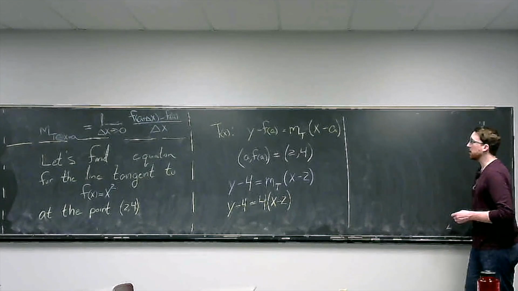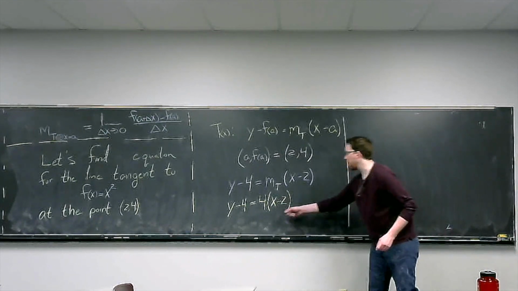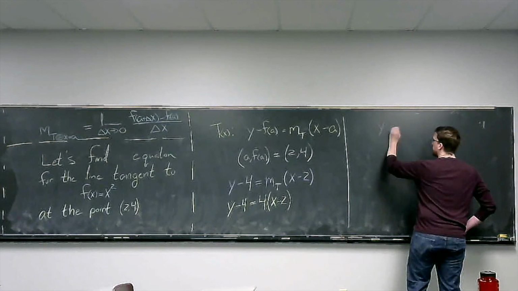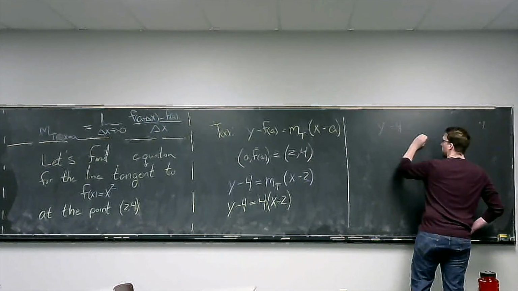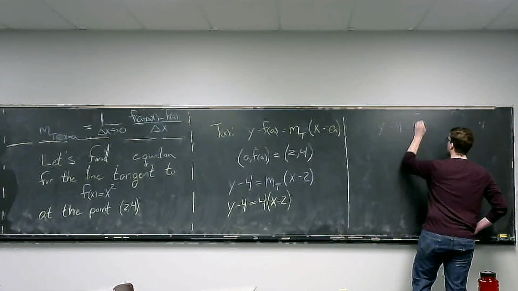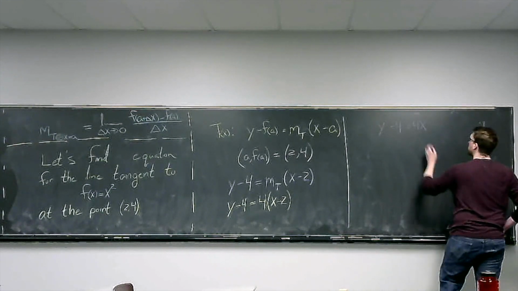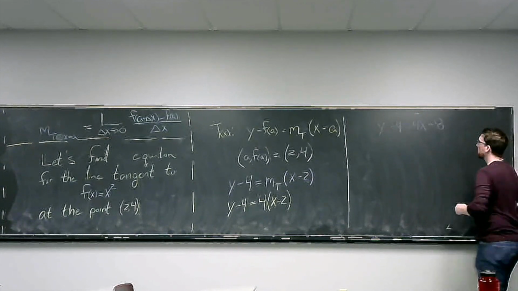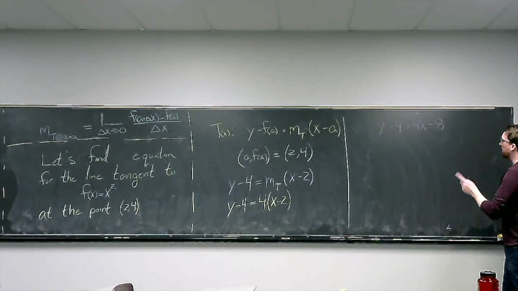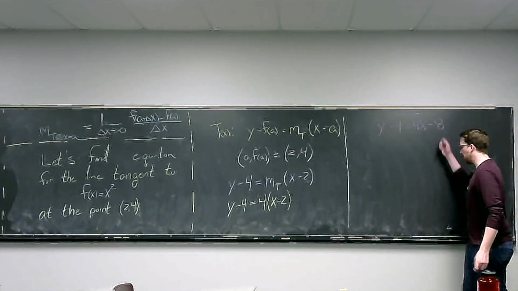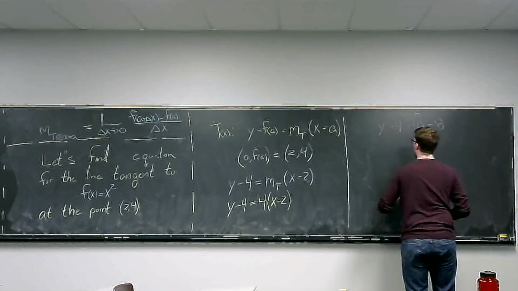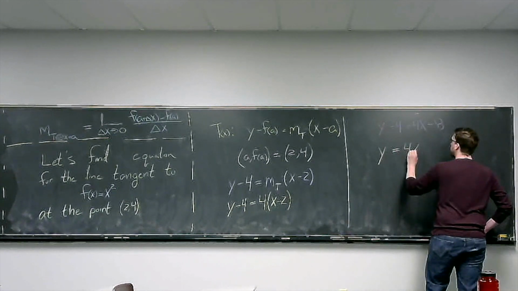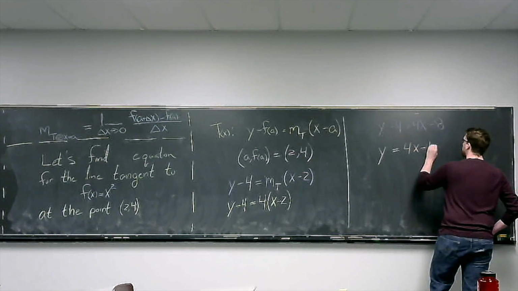Now, distributing this 4 all the way through, we're going to get that this is equal to y minus 4 equal to 4x. 4 times 2 is 8. Now, adding the 4 on this side to both sides, we get that y is equal to 4x minus 4.